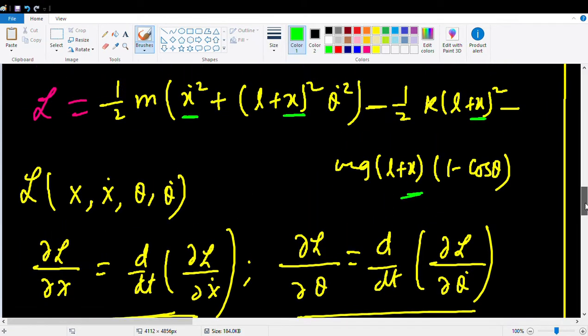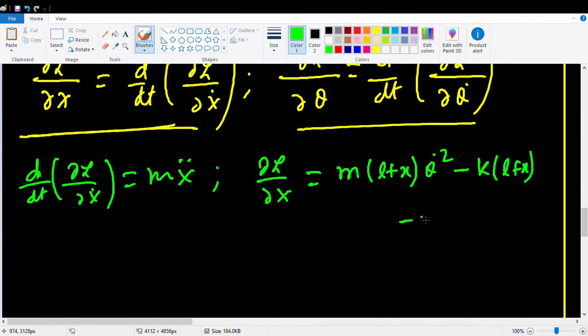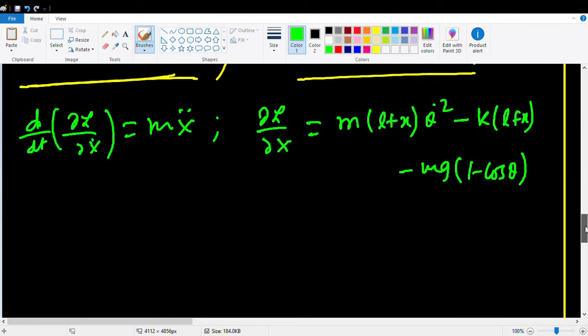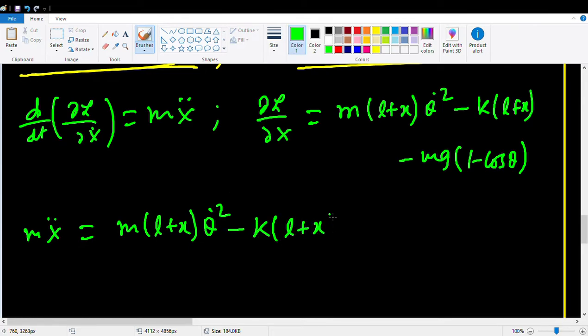L plus x, and this guy is going to give me negative of minus cos theta. Now we have to equate it. So what I'm going to do is m x double dot is going to give me L plus x theta dot squared minus k L plus x, and one more equation that is here. So it is a very amazing equation, but a very long equation.